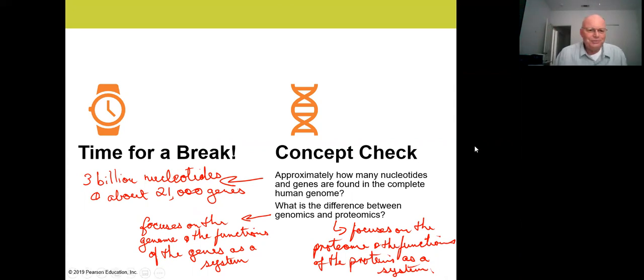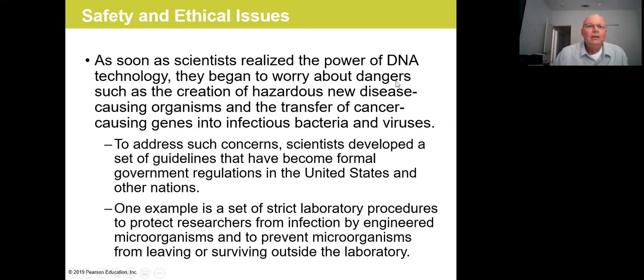Okay, let's finish off the last few slides so we can finish up this presentation. So there are a number of ethical and regulatory concerns that we need to also add to the mix here, because as soon as you start altering the DNA using DNA technology and you start using bacteria and viruses as vectors, there's always the potential for creating something that could escape from the laboratory and cause a problem.